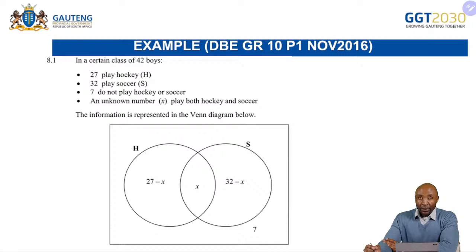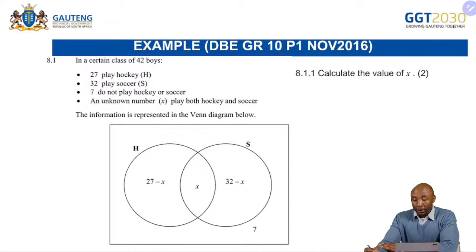Now, for our exams, you will find out that sometimes you'll be given information represented in a Venn diagram, or you'll be given information and asked to come up with a Venn diagram. So we should be comfortable with either way. Now, there is the information and it's also represented in a Venn diagram.